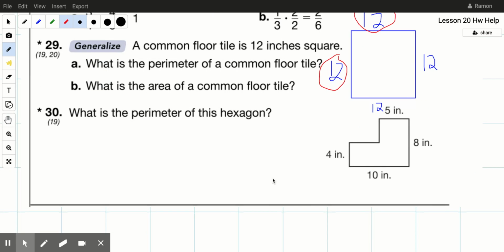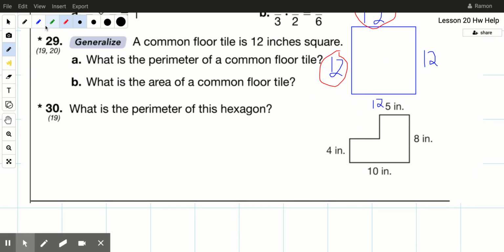Number 30, the perimeter of this hexagon. So we are missing 2 sides, and remember that we can actually solve for that missing side there. You'll notice that this side is going to be x plus 5 equals 10. So that's going to be the x side.